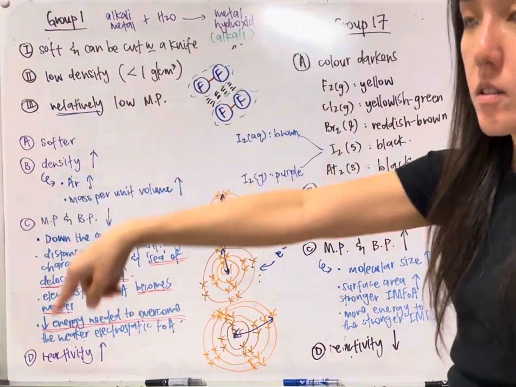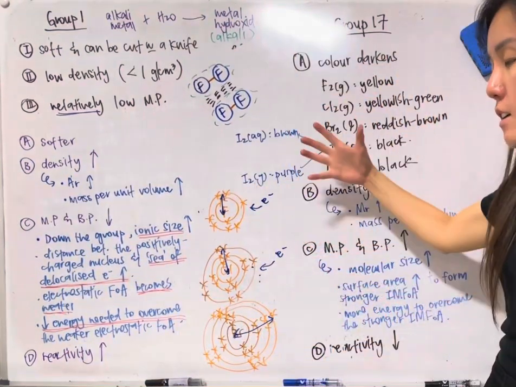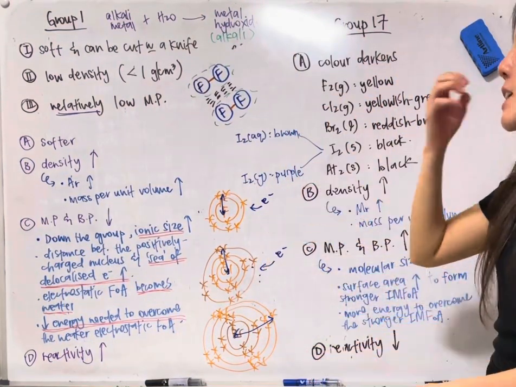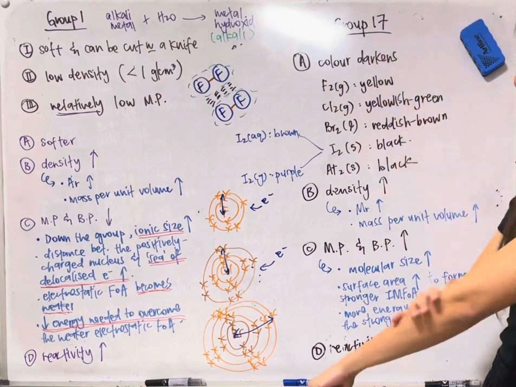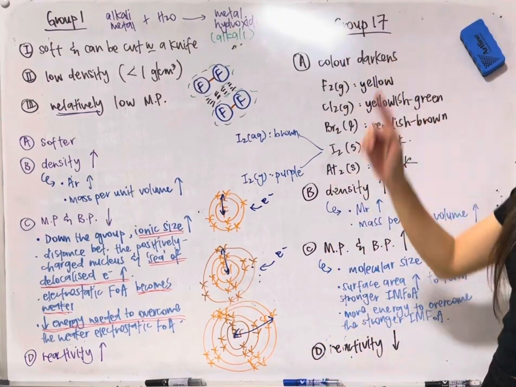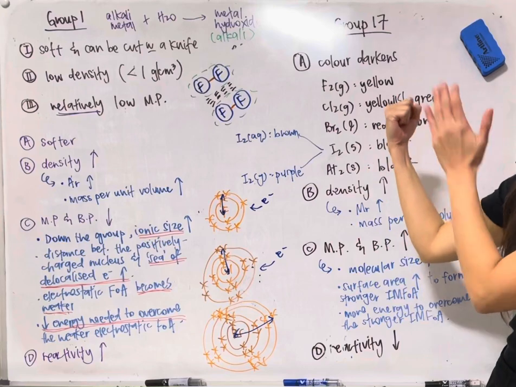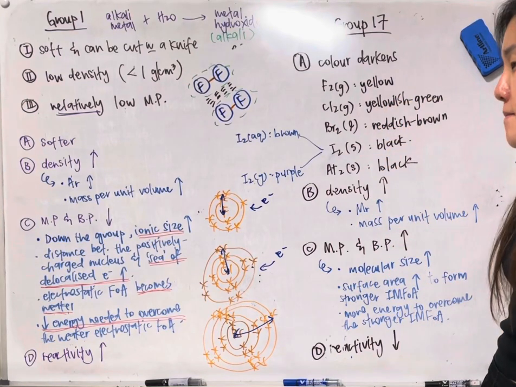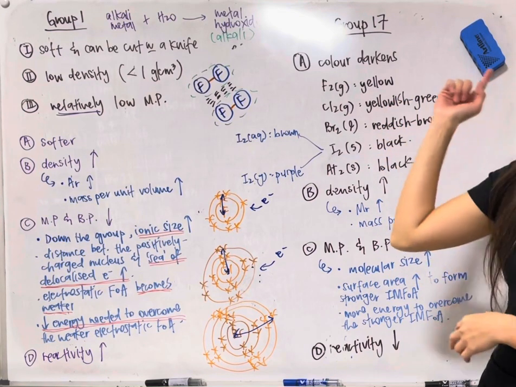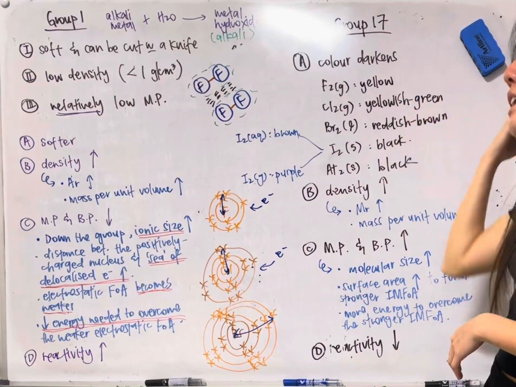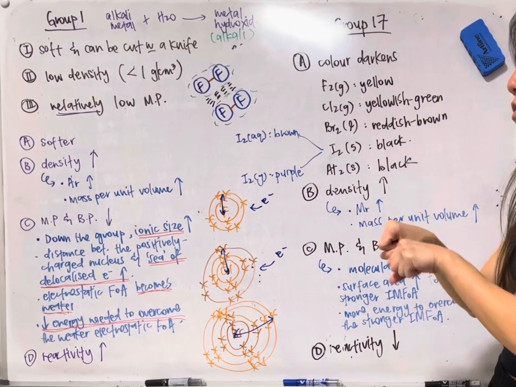So again, down the group, the molecular size increases, so the surface area increases to form stronger intermolecular forces of attraction, which require more energy to overcome.